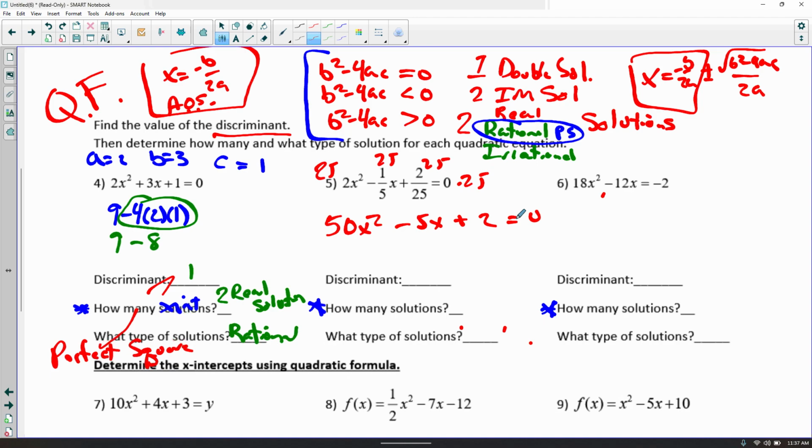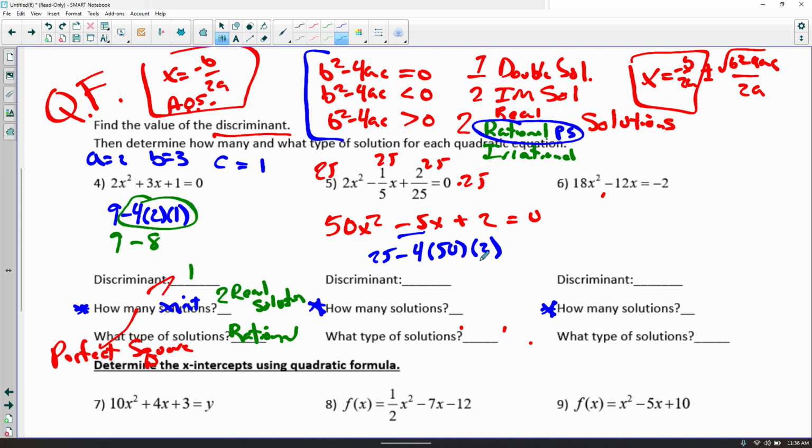So, discriminant would be what? Square your b, which is squaring that. 25 minus 4 times 50 times 2. Remember, we're doing b squared minus 4AC.